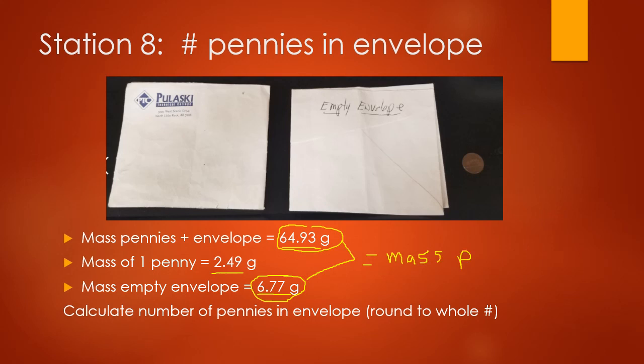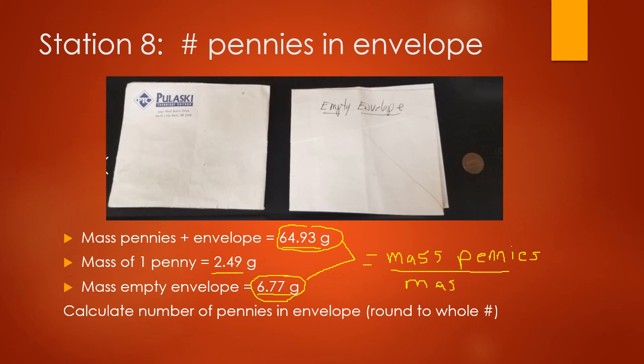This is more than one penny, it's all the pennies in that envelope. Once you have the mass of all the pennies in the envelope, you can figure out how many pennies by dividing that mass by the mass of just one penny.